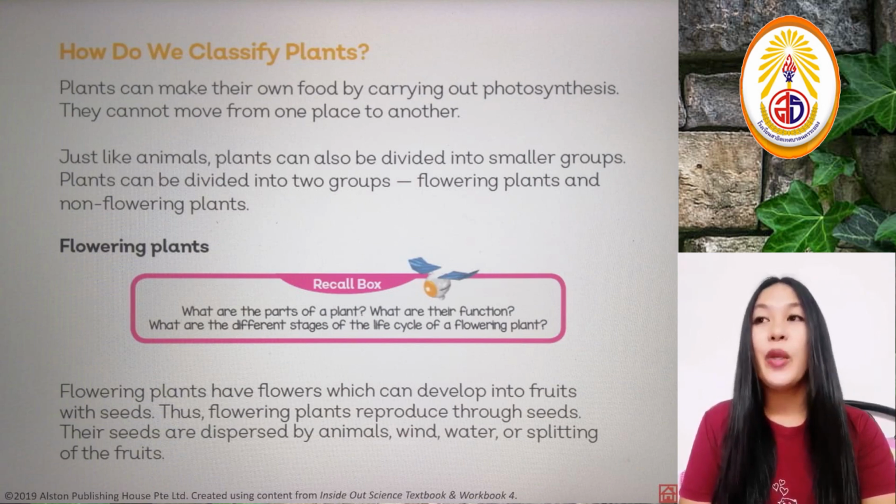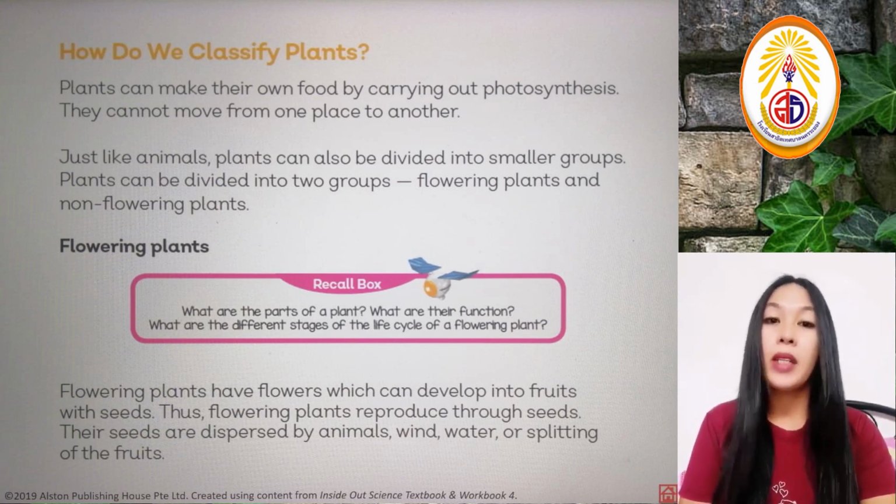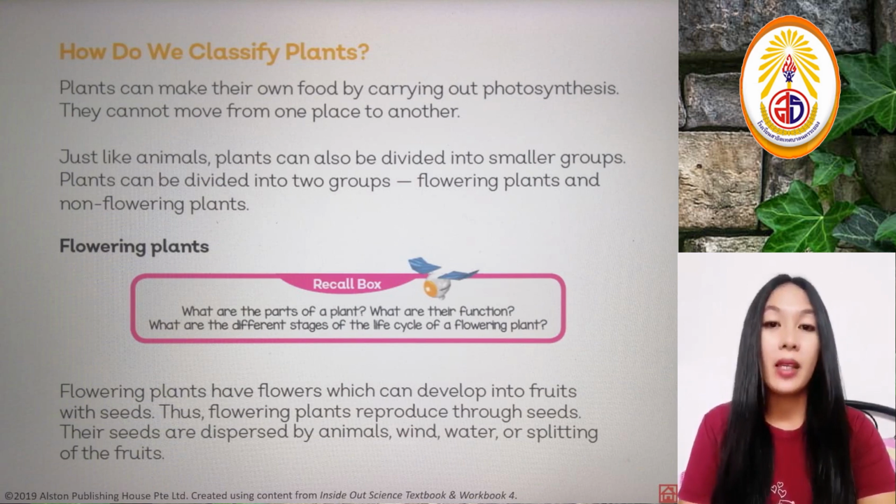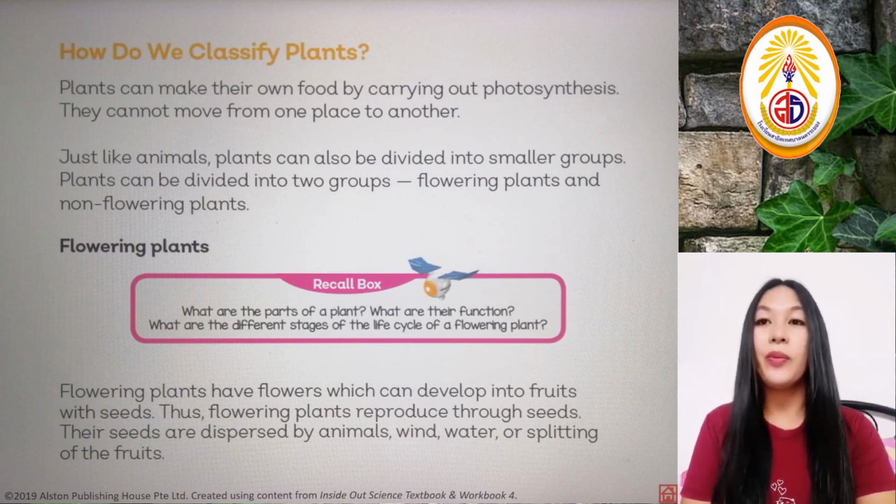Alright, so let's begin. Plants can make their own food. As we have studied before, they can carry out photosynthesis, and they also cannot move from one place to another to look for food. That's why they perform the process called photosynthesis, where they make their own food.